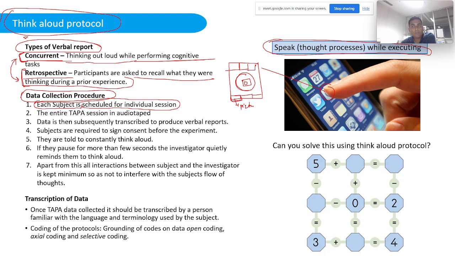So you ask him to speak while he executes his task, and you audio record his entire activities. Once he finishes his task, you use the audio records and transcribe them into verbal reports. So this audio data is converted into textual data.